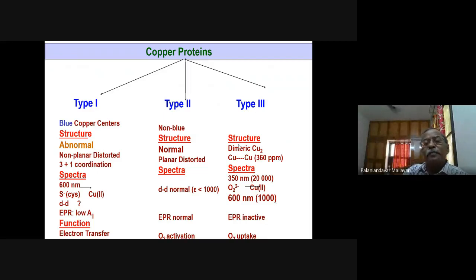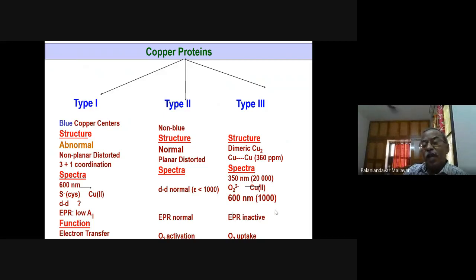They are not type 2 and type 1, but they are EPR inactive or EPR silent proteins. Based on EPR spectroscopy, you can divide all the proteins into three types. These type 3 proteins can be divided further into type 2A, type 2B, type 2C.